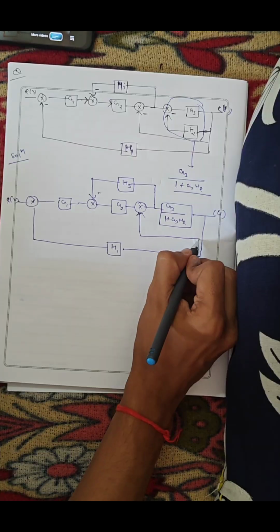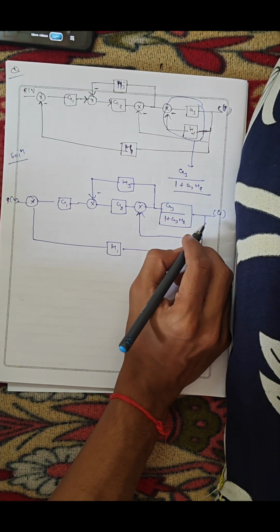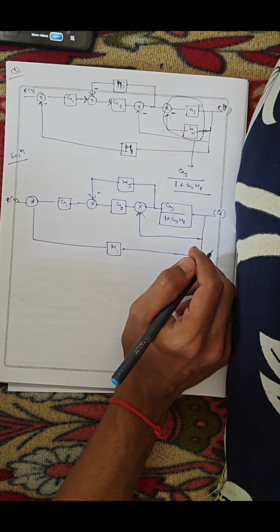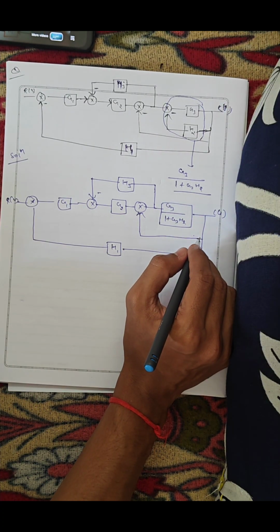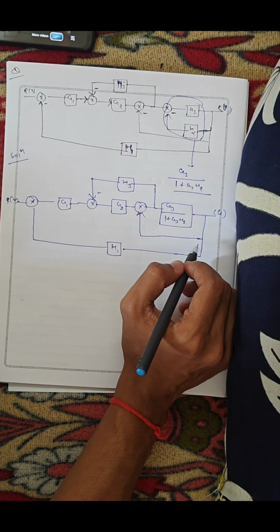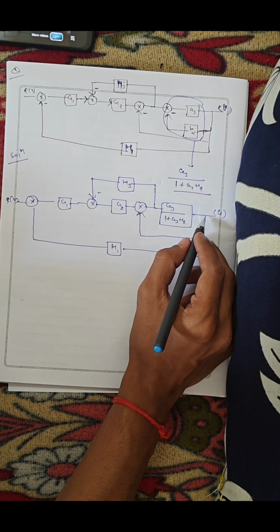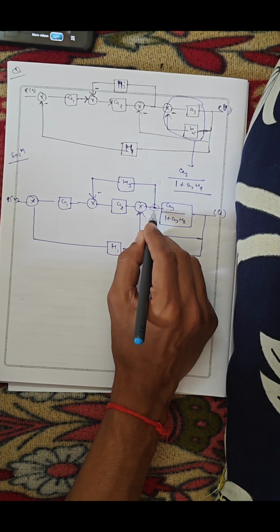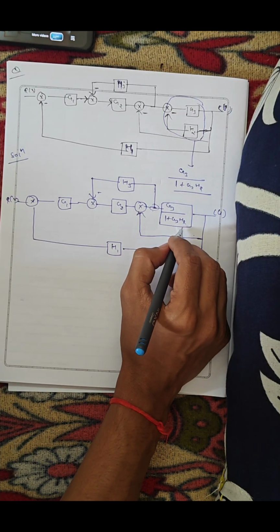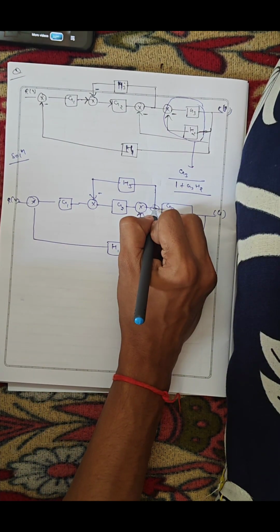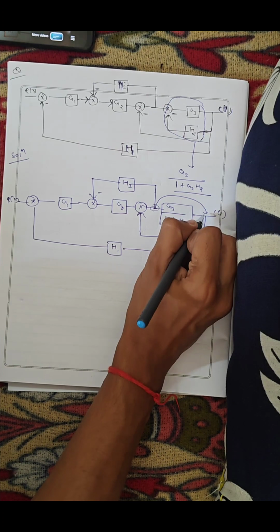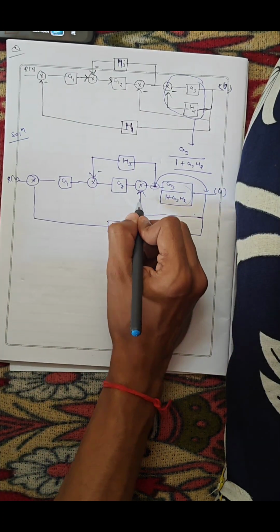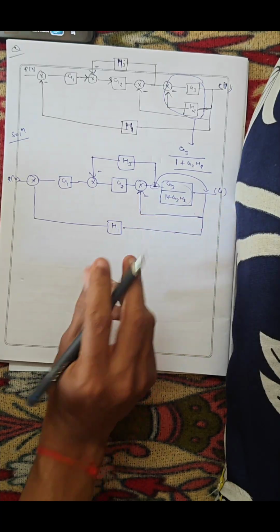Now we look and see that no block is in series, nor in parallel, nor in a positive or negative feedback loop. If we look at that loop, it is at that point, so we cannot deduct it. So we will move this point further, so that this block will come in the negative feedback loop with this block.